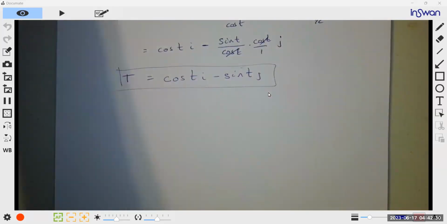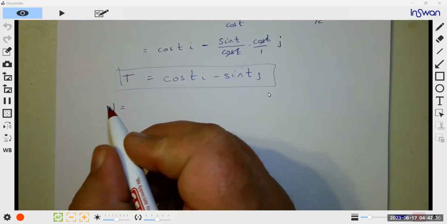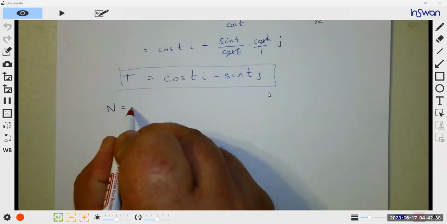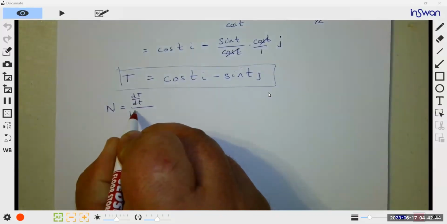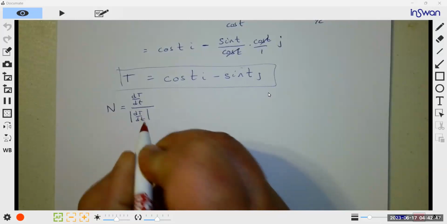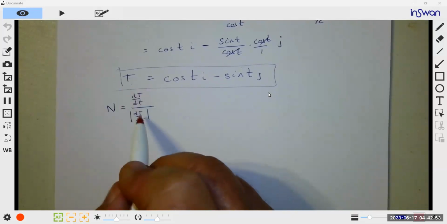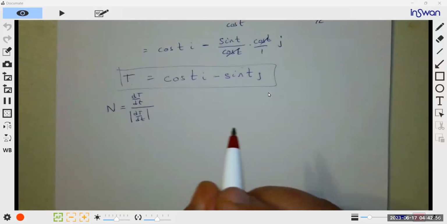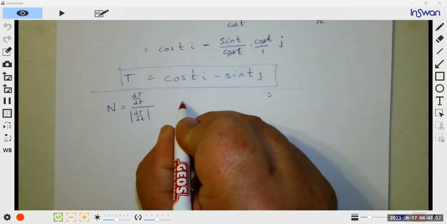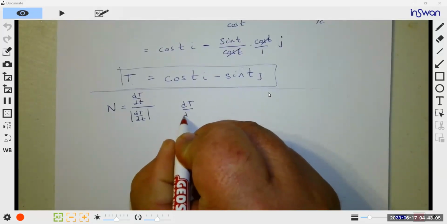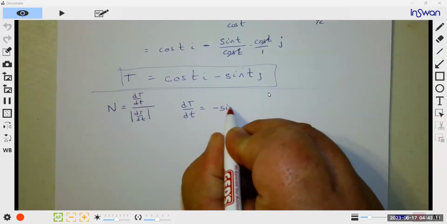Now we have to figure out what N is. Remember from our formulas, N is the derivative of T with respect to t over the magnitude of the derivative of T with respect to t. So we have to find the derivative, and then the magnitude of the derivative of T. The derivative of cosine is negative sine.